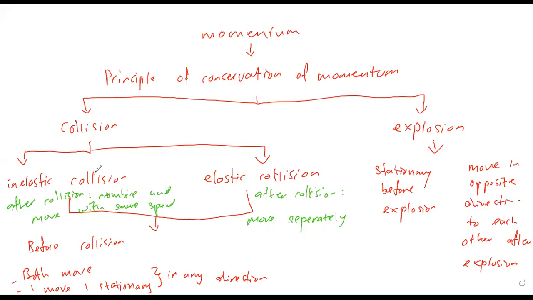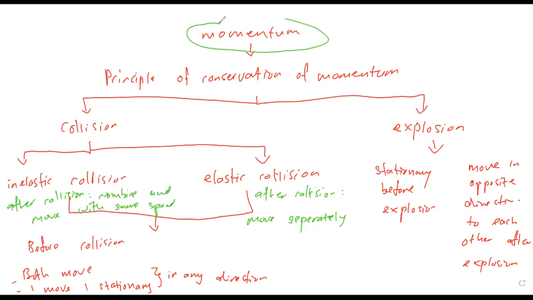But in inelastic collision, it also can be either one moves, one is stationary, or both of them are moving. If both of them are moving, they can move in any direction.